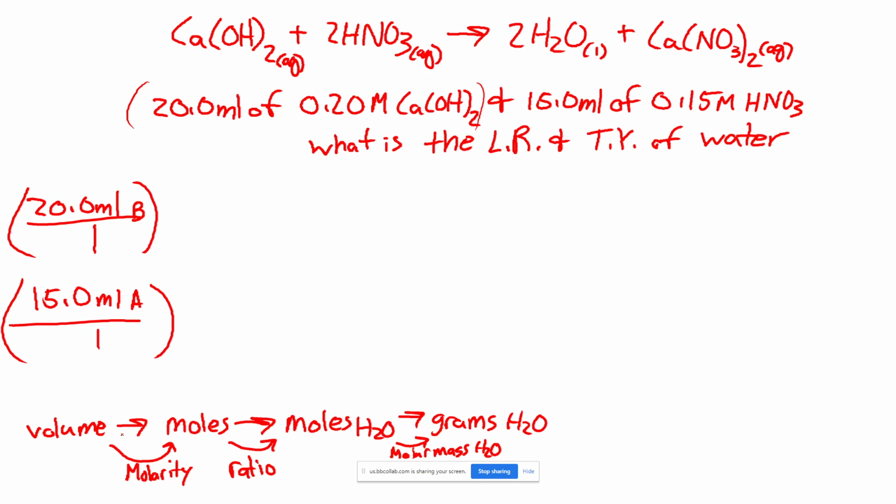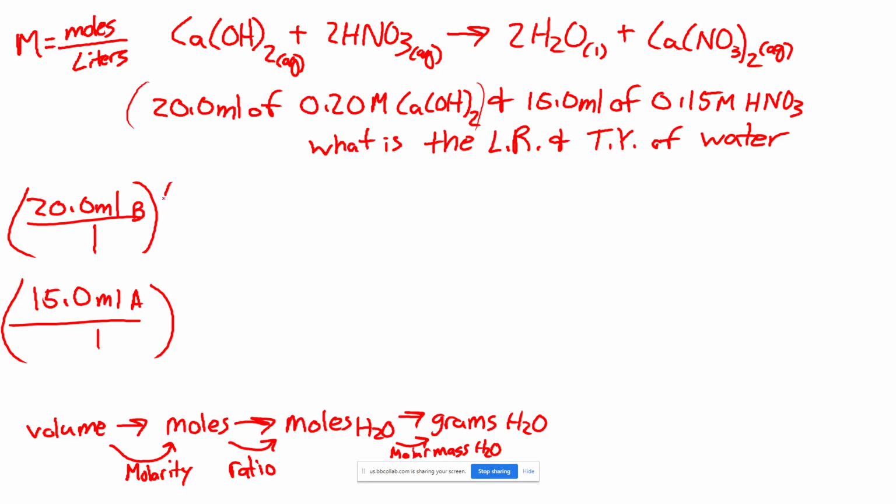So to use the molarity for this first step, we do actually have one thing we need to do first. Because if you remember, molarity is the number of moles divided by the number of liters. And we do not have liters. We have milliliters.